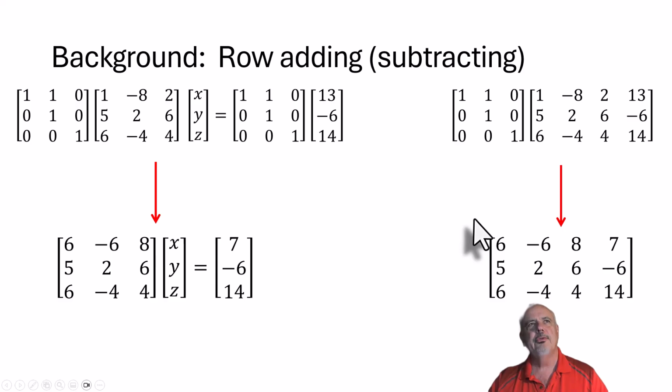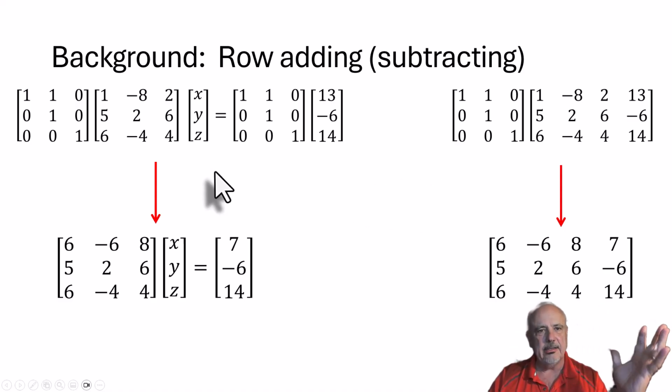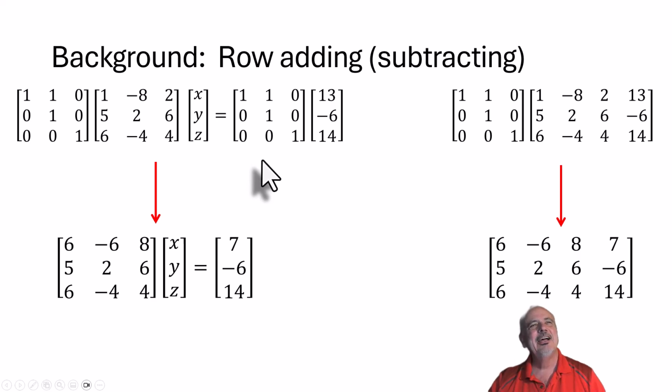If I were to do this with a prefactor on the left side of both sides, or if I were to do it just on the augmented matrix, this is what it would look like.